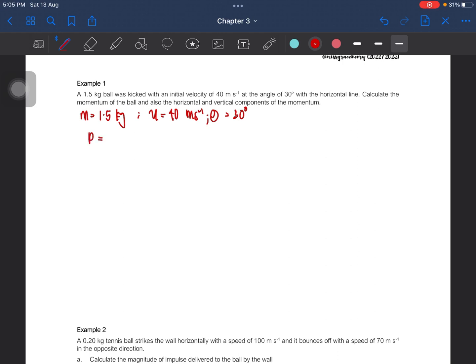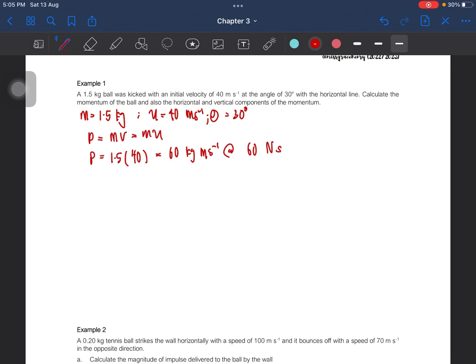Momentum is equal to mass times velocity, and the question gives us the initial velocity. So momentum is 1.5 multiplied by 40, and we will get 60 kilogram meter per second, or 60 Newton second.